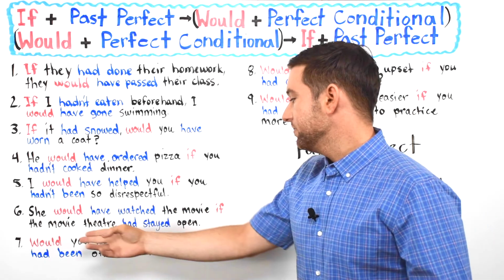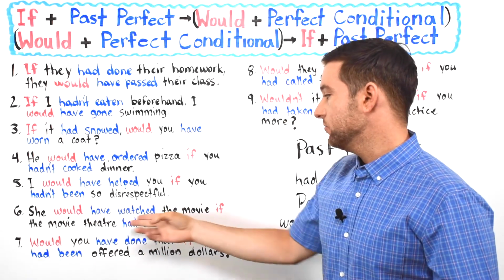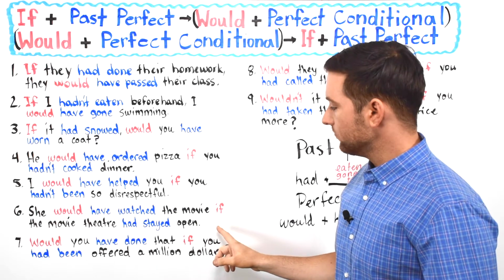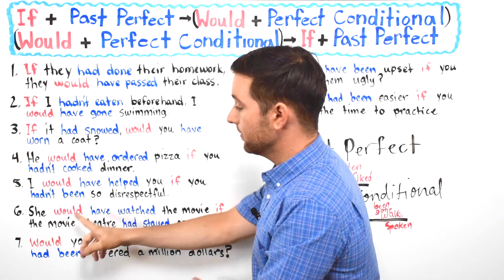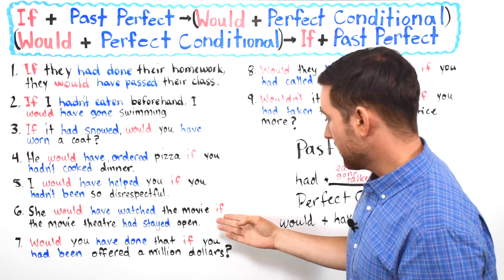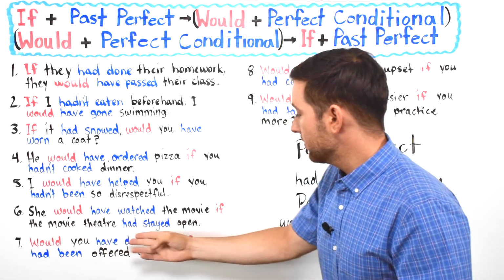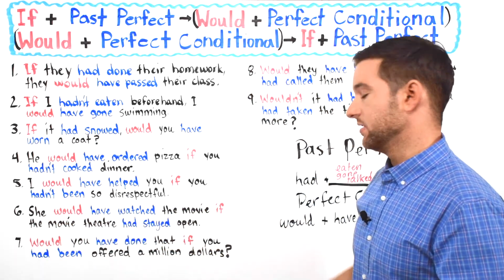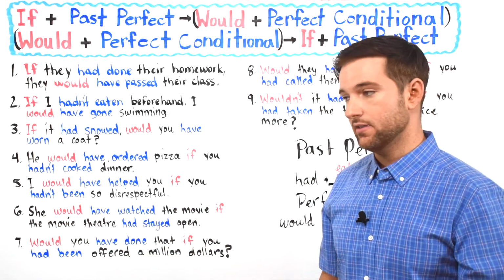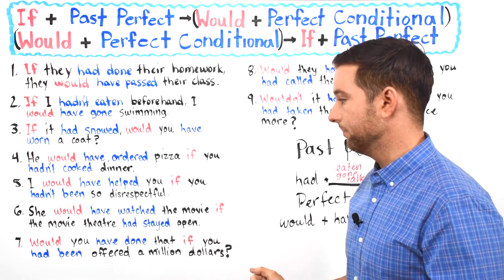So if the movie theater had stayed open, she would have watched the movie. Remember, guys, you can also switch it. So we can also start it off with, if the movie theater had stayed open, she would have watched the movie. That's it. Okay? So you choose which one you want.